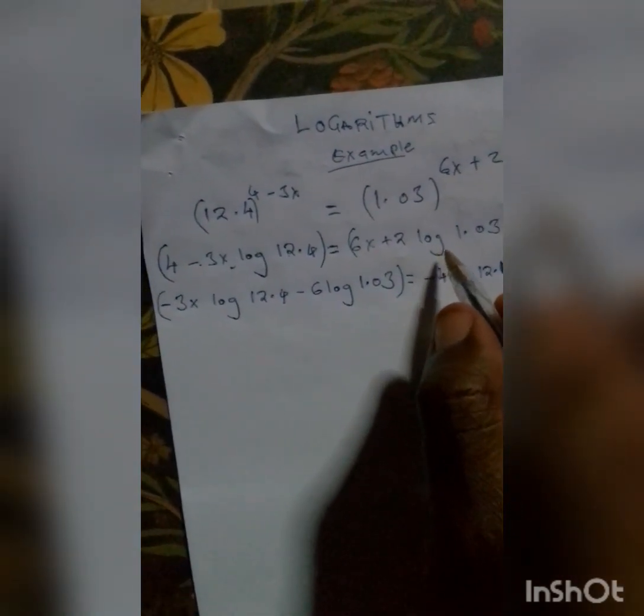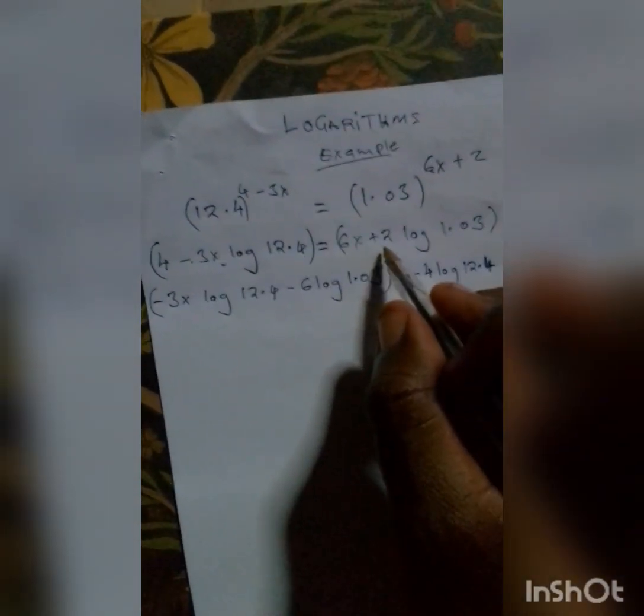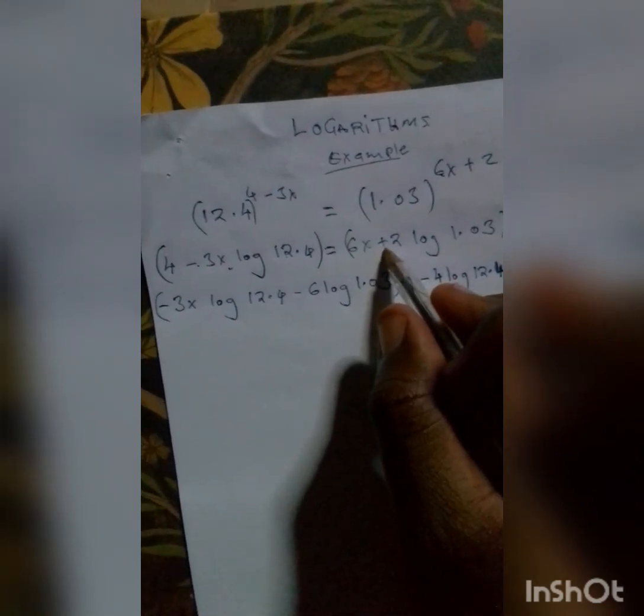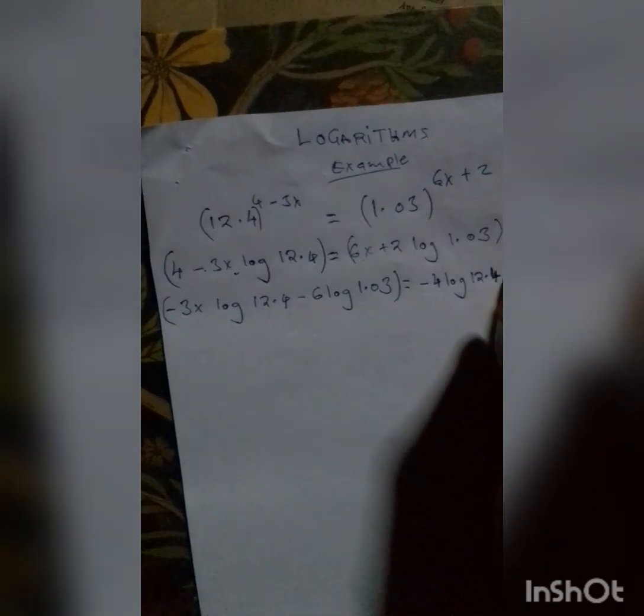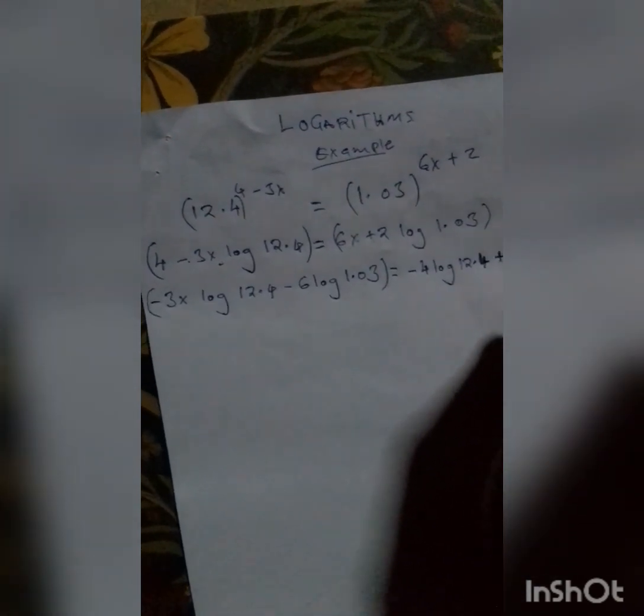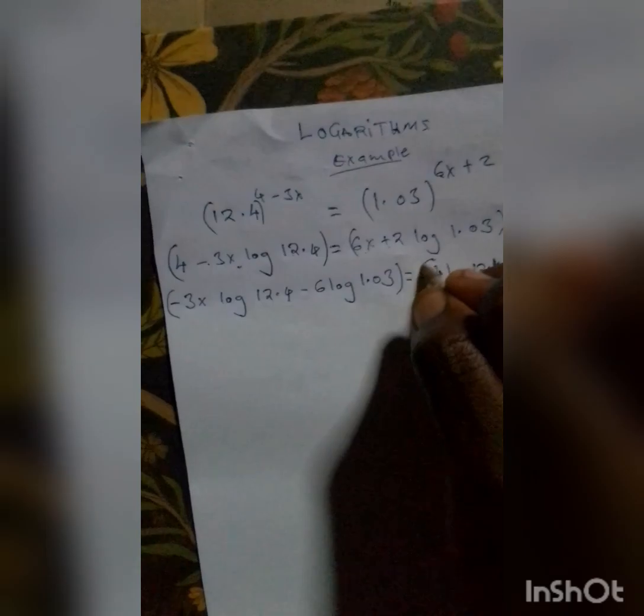The remaining thing here is 2. Since 2 is positive, it will remain positive because you are writing this on the right hand side: 2 log 1.03. You also put them into brackets. The moment you put these things into brackets, you start working out this side.